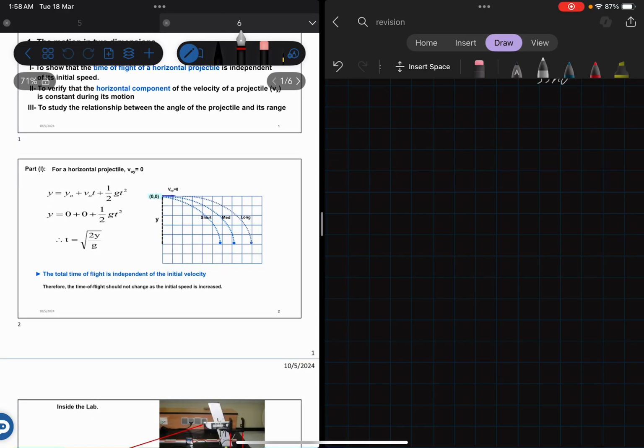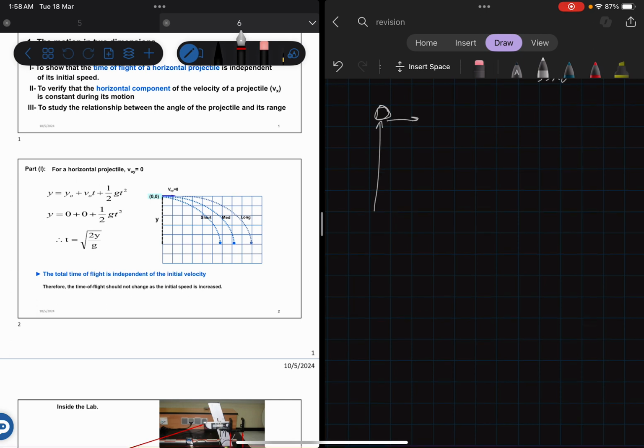In projectile motion, if we have this object, let's say it is like a ball, v naught y is 0, and v naught x will be constant, because it will be the same magnitude, and it is constant.